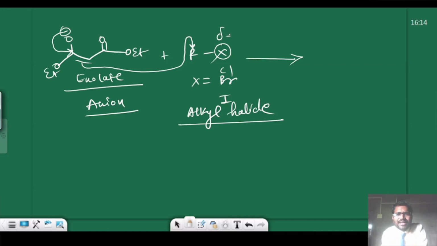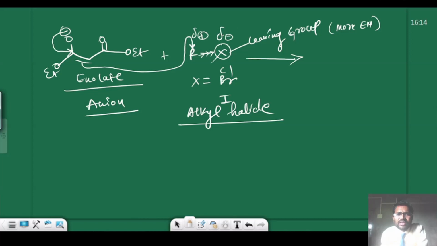There is a formation of delta minus charge on the halogen and delta plus charge on this carbon, so this carbon is electrophilic in nature, because of the electronegativity difference between this carbon and the halogen. This is a leaving group, and because of its higher electronegativity, partial charges develop on the adjacent carbon. It will carry delta minus and pull electrons towards itself like this.